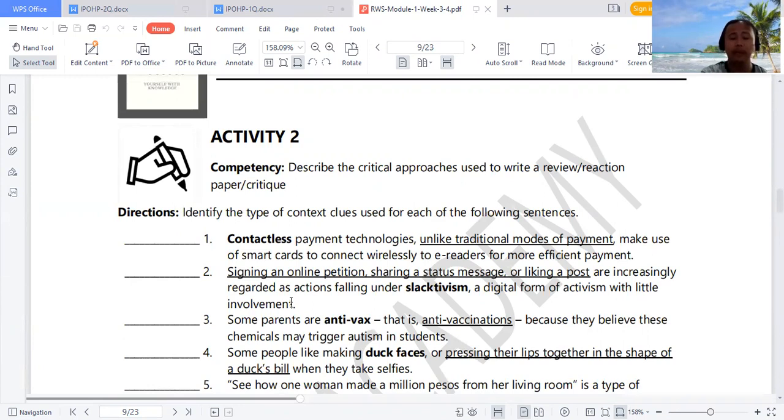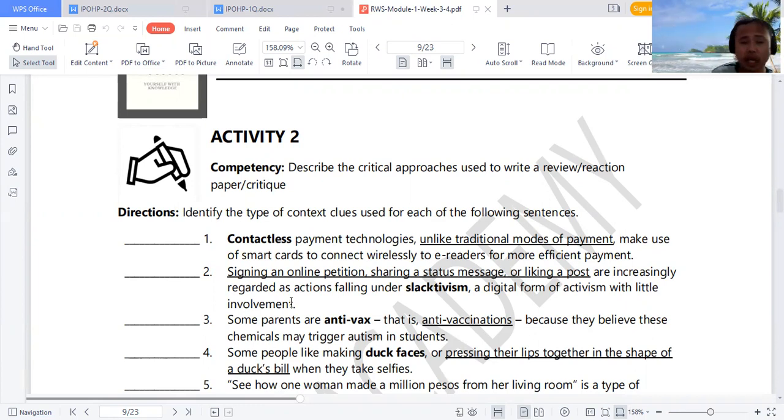Why is it that contactless is an opposite to this phrase, unlike traditional modes of payment? So when we say traditional modes of payment, class, meaning to say you have to go somewhere to pay something. For example, you have to go to the bank to pay your bills.